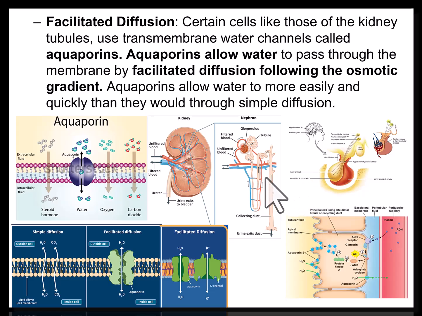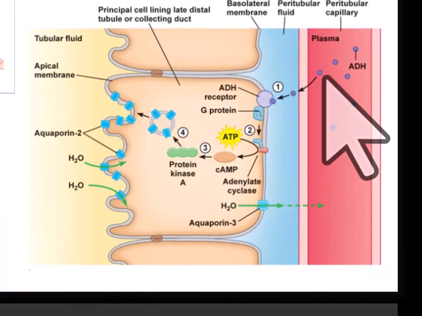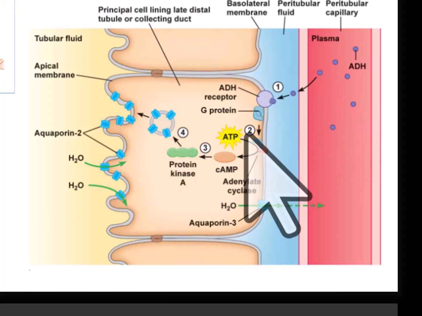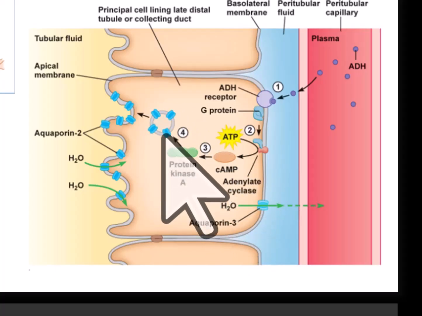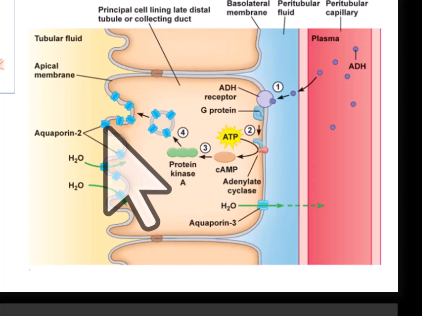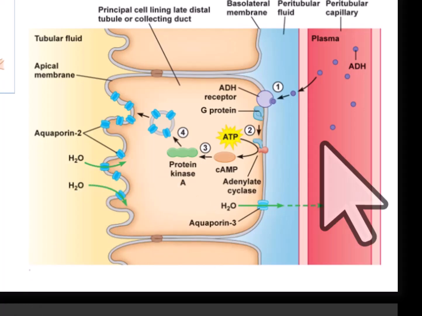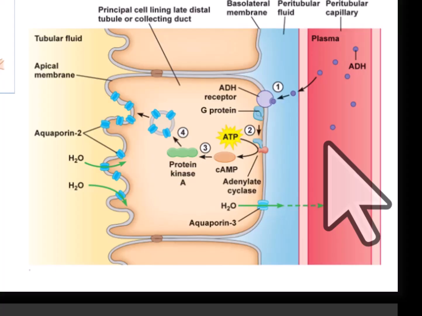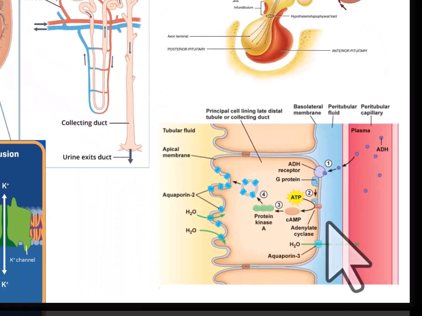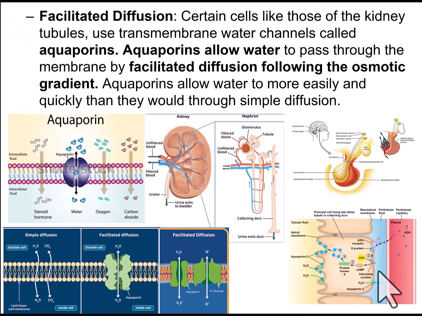Anti-diuretic hormone is going to go to the kidney tubules, specifically the collecting ducts and the distal part of the distal convoluted tubule, where ADH is going to come in and stimulate these vesicles that contain aquaporins to be placed into the membrane to allow water to move through these aquaporins into the cell and then into the blood. So anti-diuretic hormone is going to cause you to urinate less because you're reabsorbing more water from the filtrate of the kidneys. And aquaporins facilitate this movement.